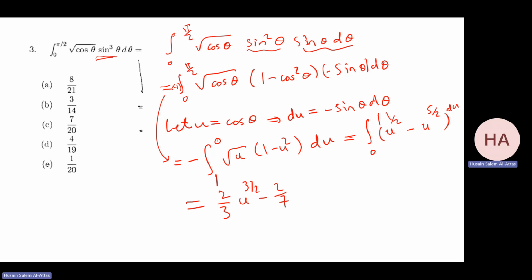I add 1 to 5 over 2, which is 2 over 2 plus 5 over 2, that will be 7 over 2. U to the power 7 over 2, from 0 to 1. That will be 2 over 3 minus 2 over 7. And what is this? 14 minus 6, which is 8 over 21.